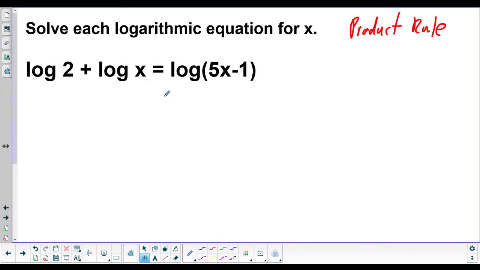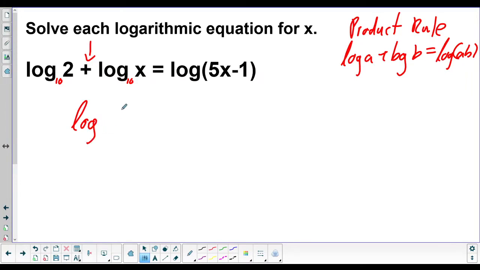And the product rule lets us take the log of A plus the log of B equals the log of A times B. So because we have two logs with matching bases being added together, we can condense these into a single logarithm with that same base, 10. I won't write it, it's implicit. And then we multiply their arguments. So 2 times x would be 2x equals log of 5x minus 1.